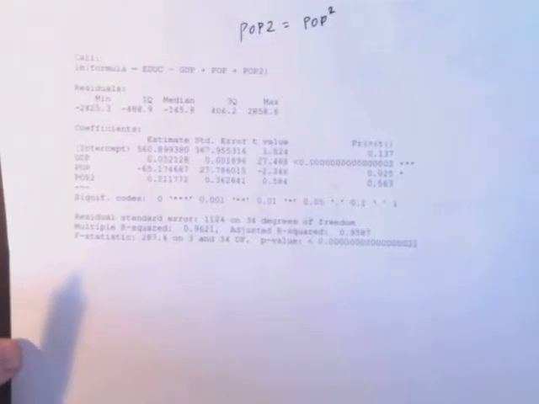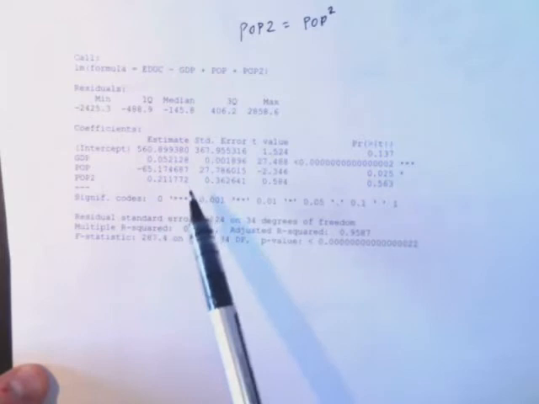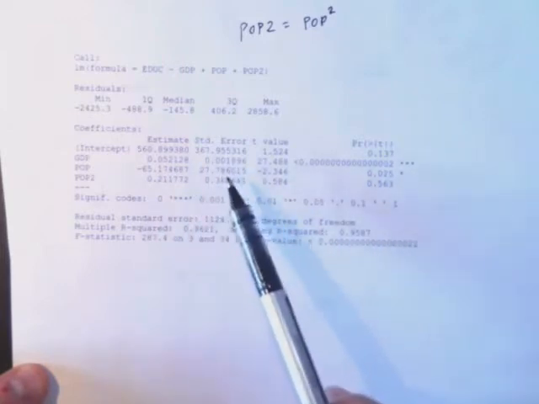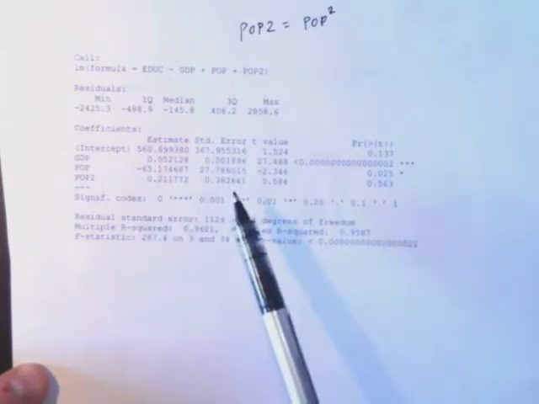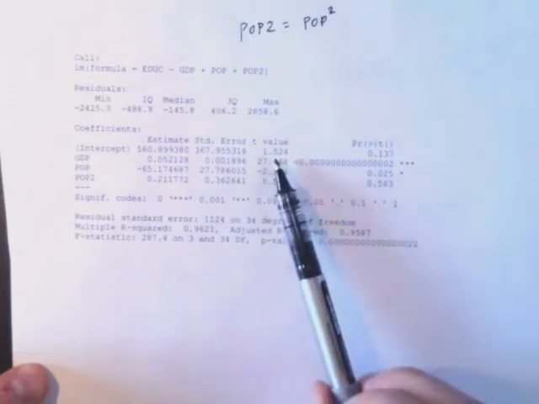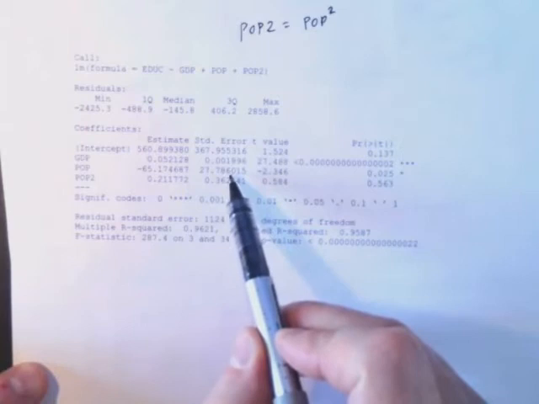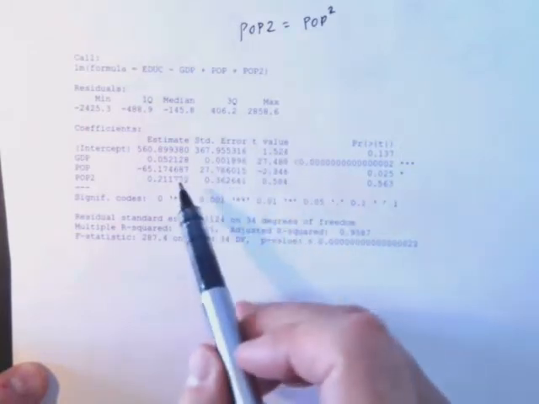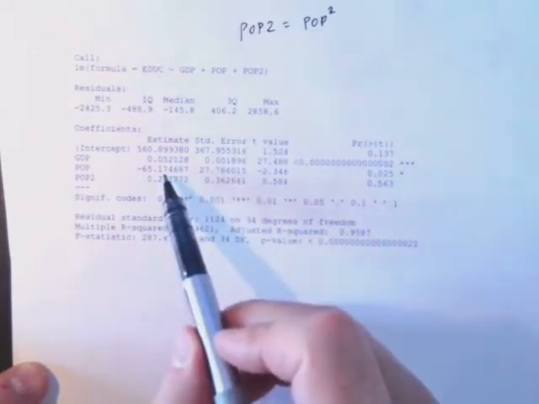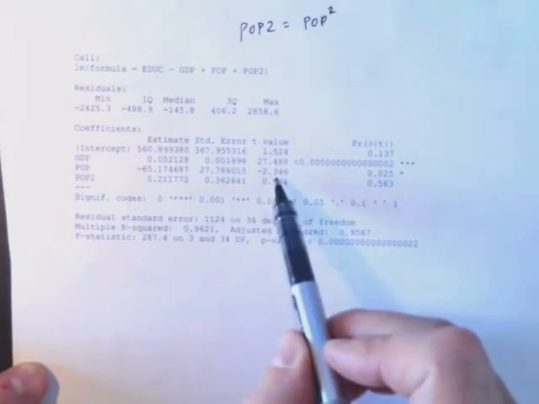You've already seen what regression output looks like. But so you've got your coefficient estimates, and you have the standard errors. So that's the square root of the variance. And then you have the t-value. So that's the coefficient divided by the standard error. And so if the coefficient is negative, then the t-statistic is negative.